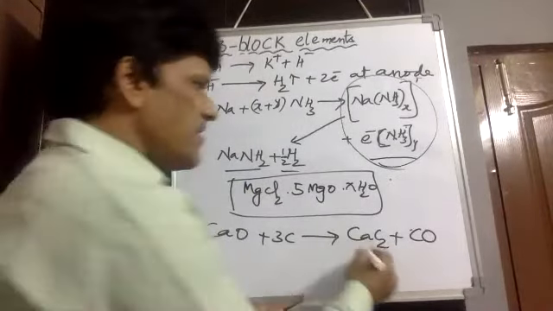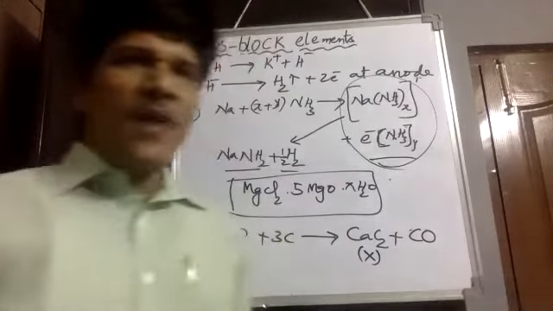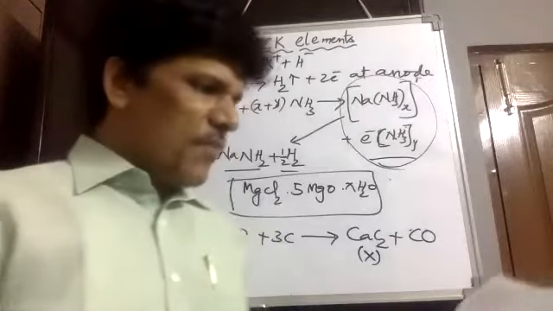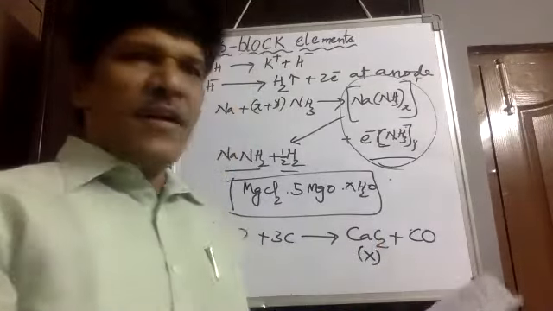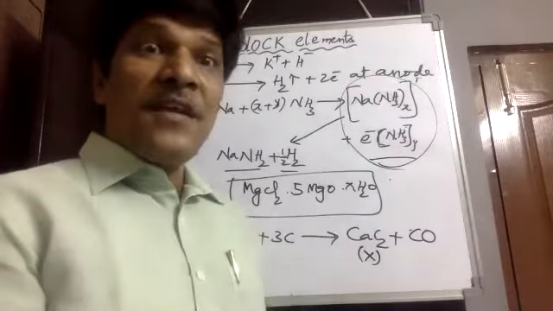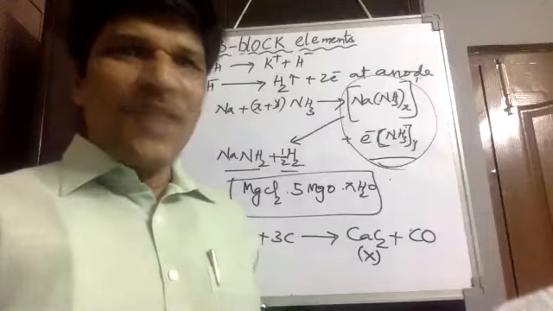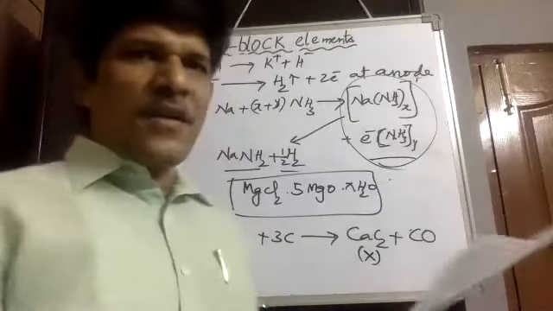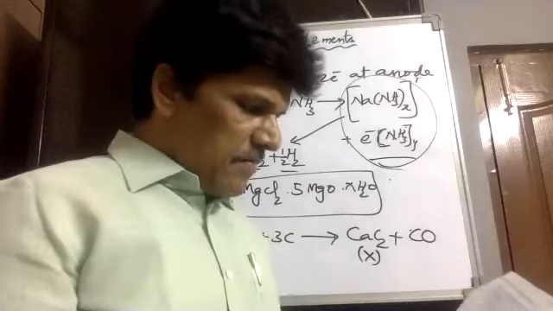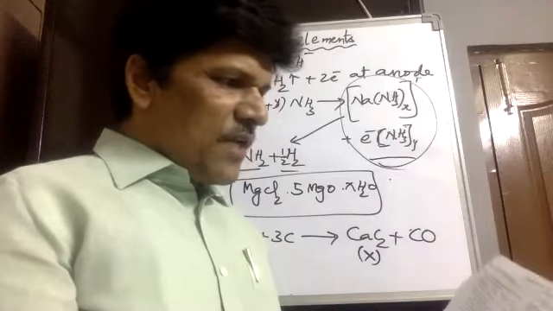This is the X compound we observe. Then calcium carbide by hydrolysis gives acetylene, or on supplying nitrogen gives nitrolim, calcium cyanamide, plus graphite. That is an allotropic modification, coke converted into graphite. So calcium carbide is the answer for CaO plus 3C.